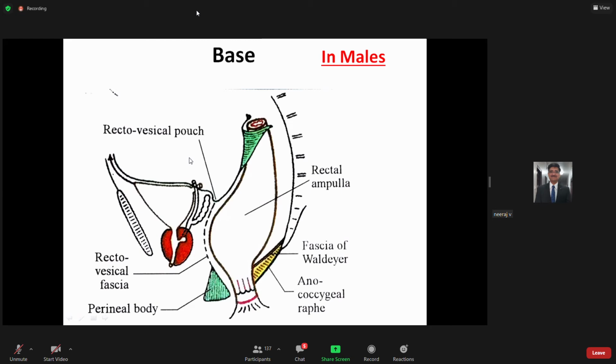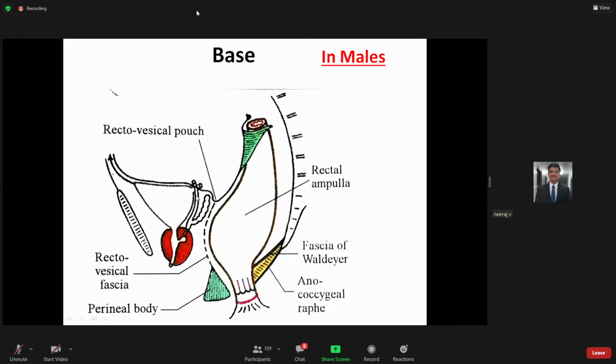And this corner of the equilateral triangle gives attachment to the ureter on the right side and on the left side, and then the urethra will be coming from here. So this triangular posterior surface, or the base, which is also termed by some scientists as the fundus of the bladder, is triangular in shape, and it is directed posteroinferiorly towards the rectum.